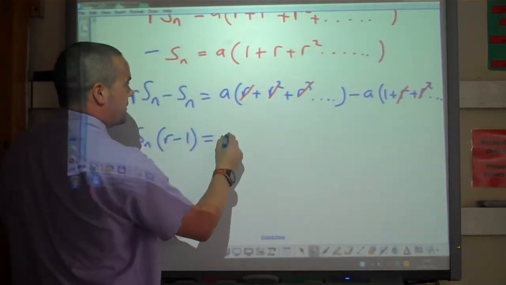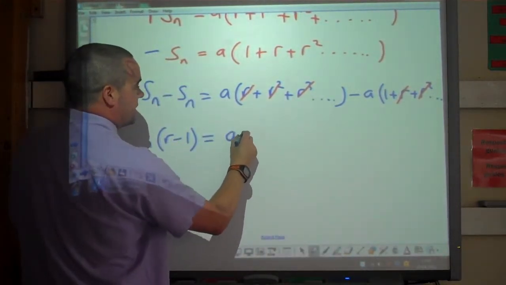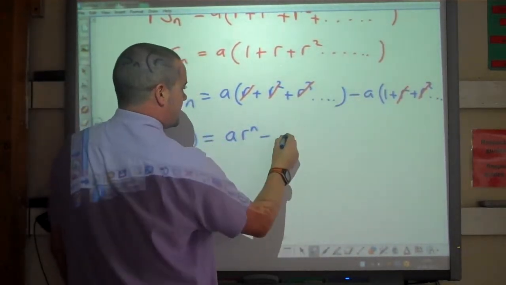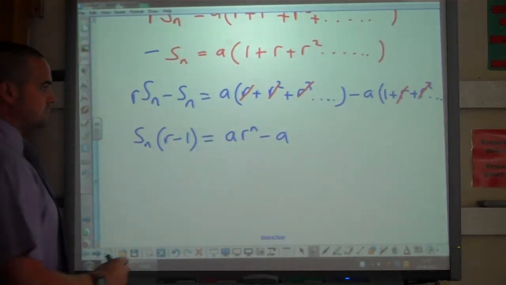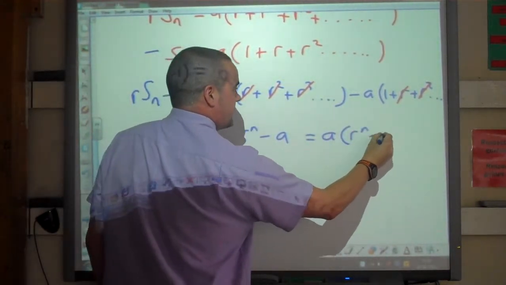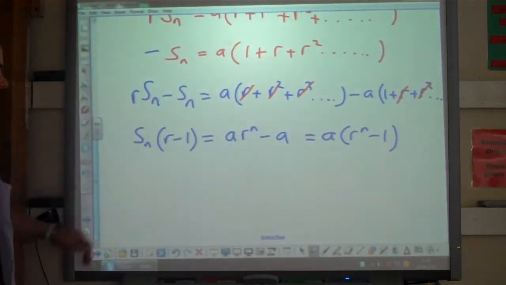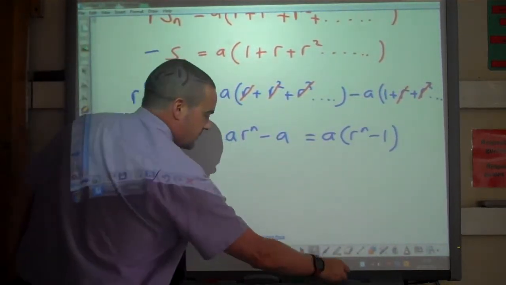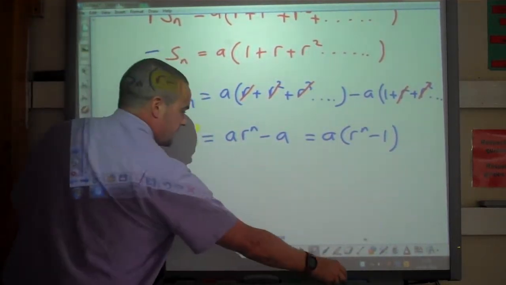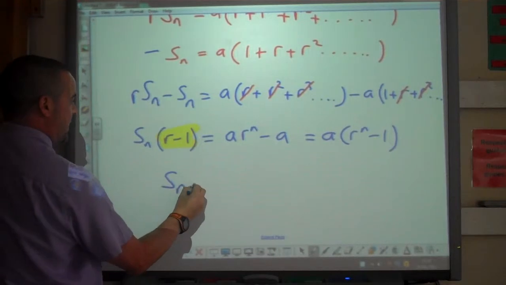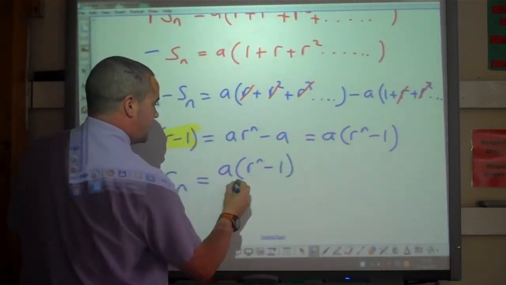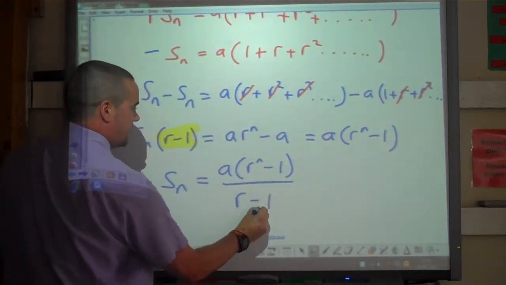So what I'm left with on this side is just A R to the n minus A. I can take that out as a factor, A times R to the n minus 1. Now, if I divide through by this, that gives me Sn equals A times R to the n minus 1 over R minus 1.